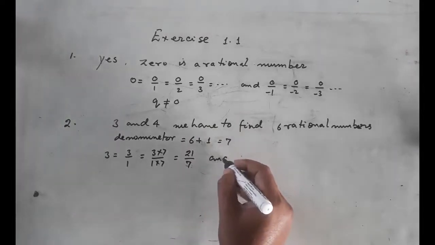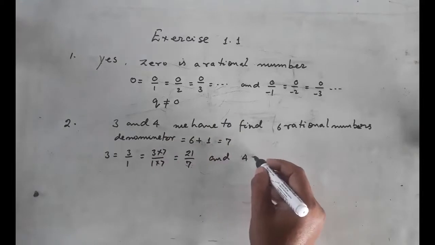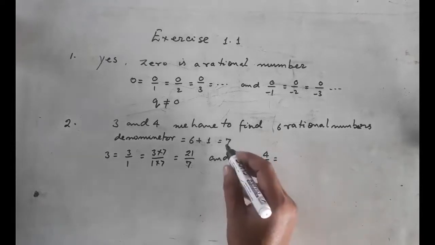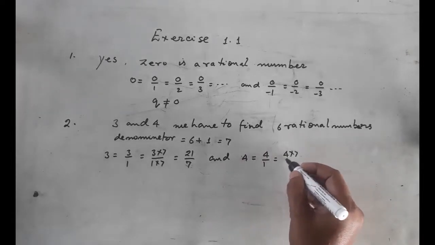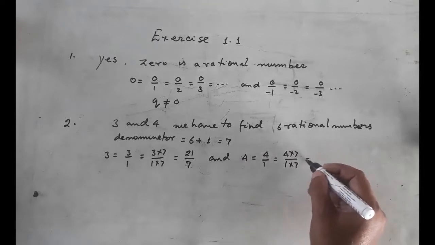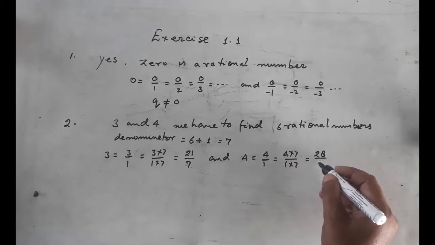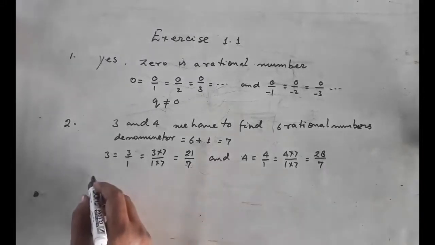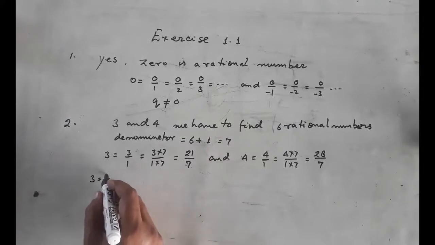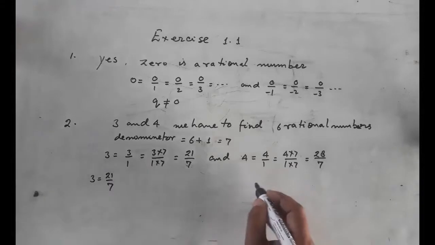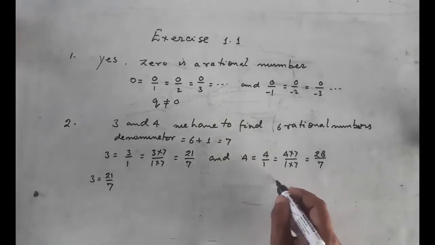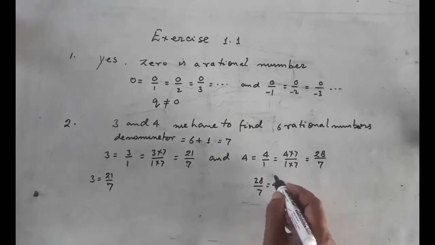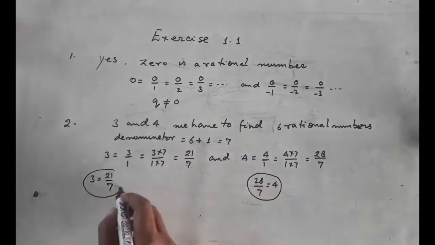And 4 can be written as 4 by 1. On multiplying by 7, 4 into 7 by 1 into 7, that is 28 by 7. Your first number, 3, is 21 by 7, and your last number is 4, that is 28 by 7.